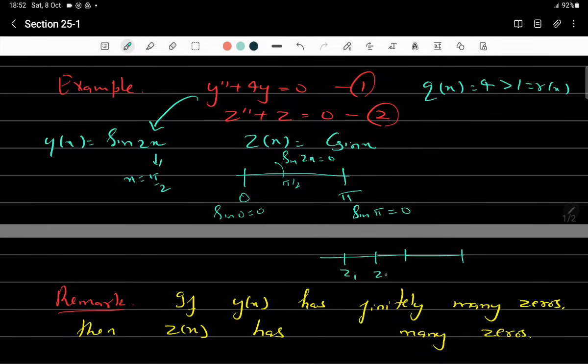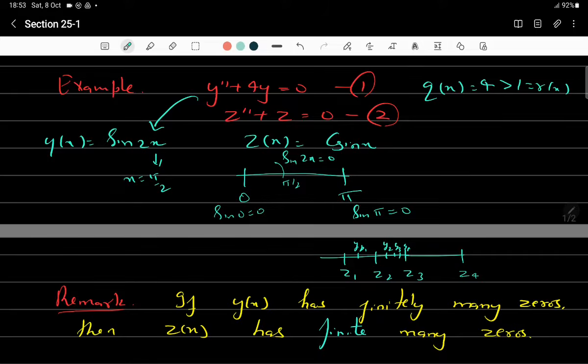Let's say these are the successive zeros of z(x). Now y(x) is vanishing finitely, say y1, y2, y3, y4 and so on. But since it vanishes at least once between two successive zeros of z(x), and y(x) has finite zeros, it means that z(x) must have finite zeros.